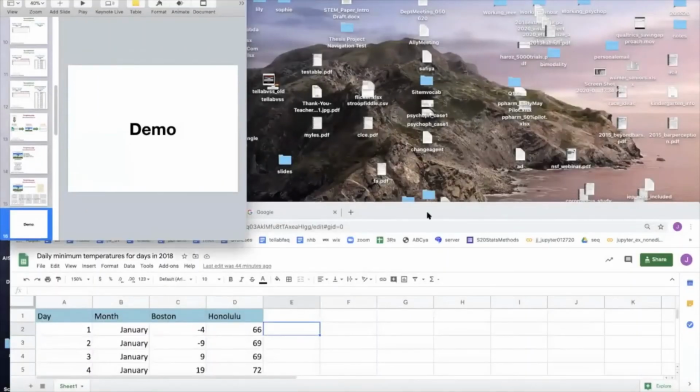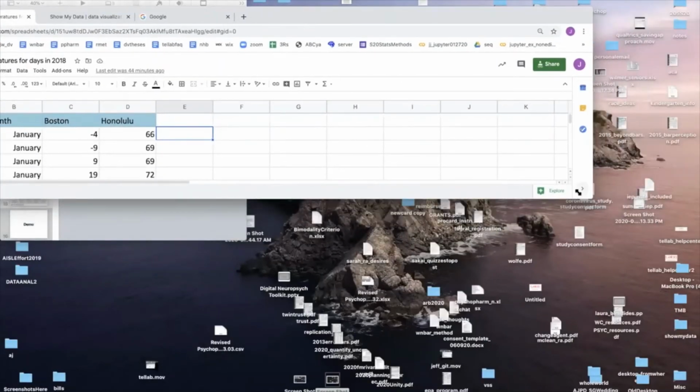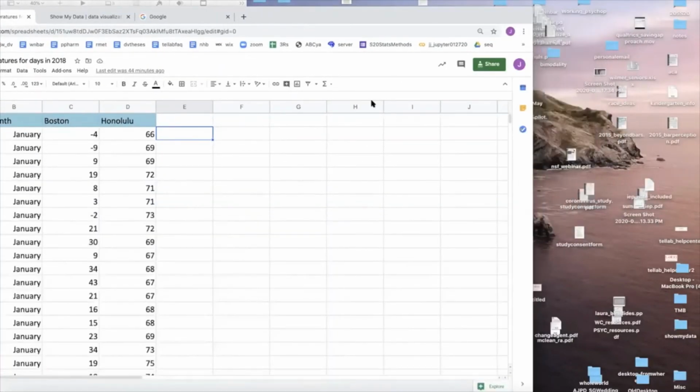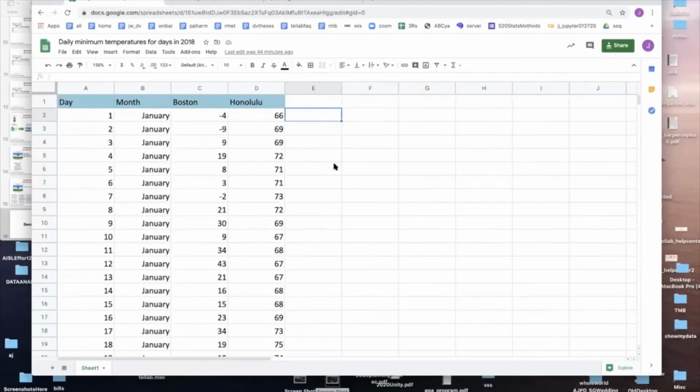So I'm going to do a quick demo here of Show My Data with one of my favorite demo data sets, which shows minimum temperatures. I do this partly out of some masochistic Boston interest in drowning in misery.